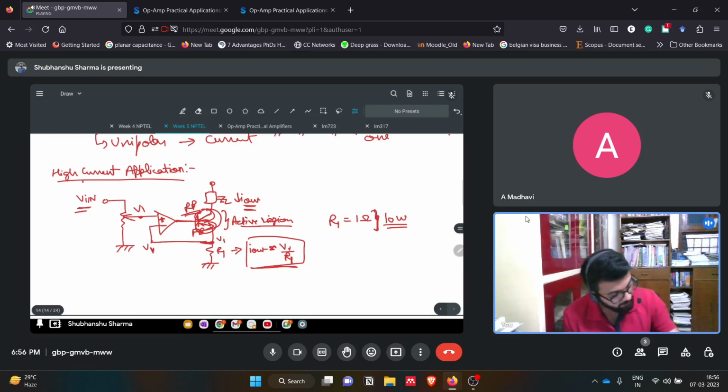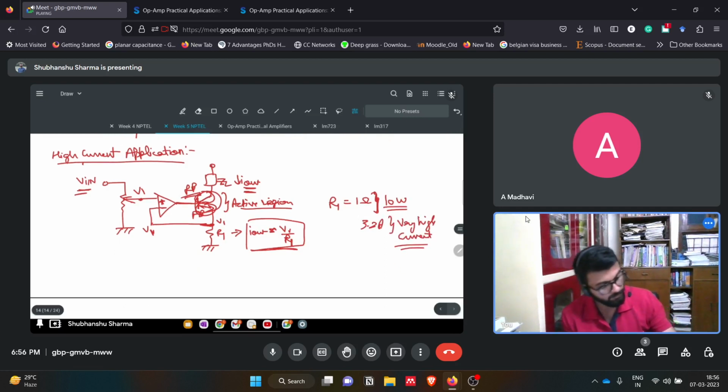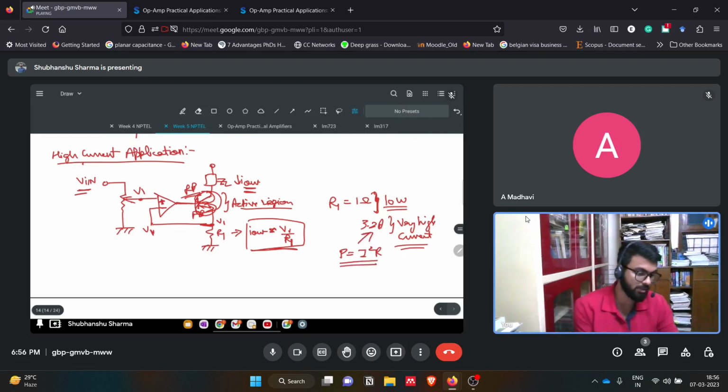So here we got R1 equal to 1 ohm, 10 watt, and using this we solved one question where we achieved a current of, I think, 3.2 ampere. That is a very high current. This is how P equals I squared R applies, and based on that we achieve this current.